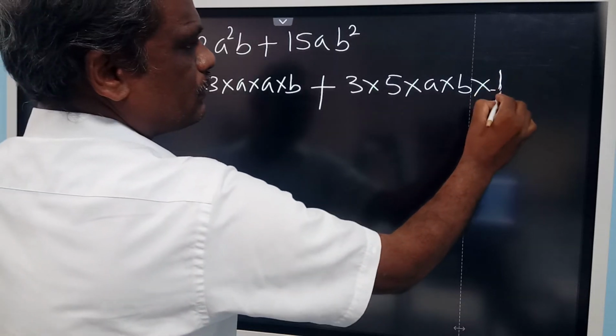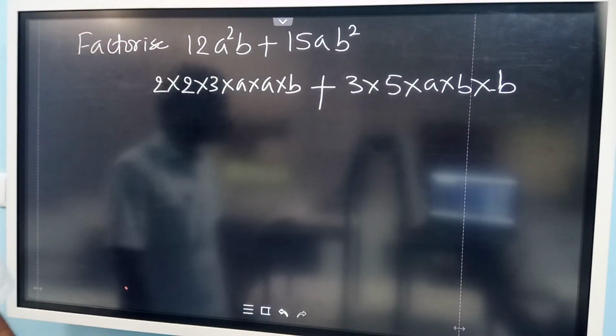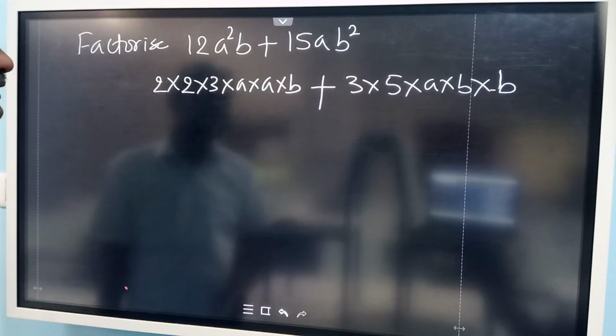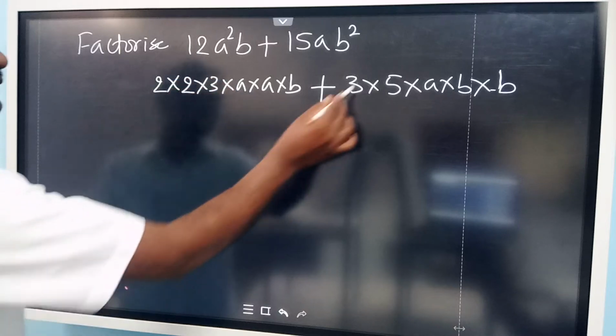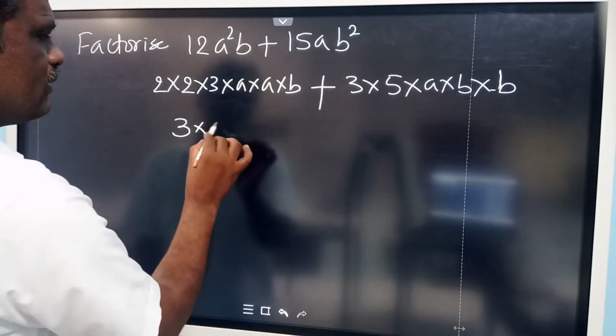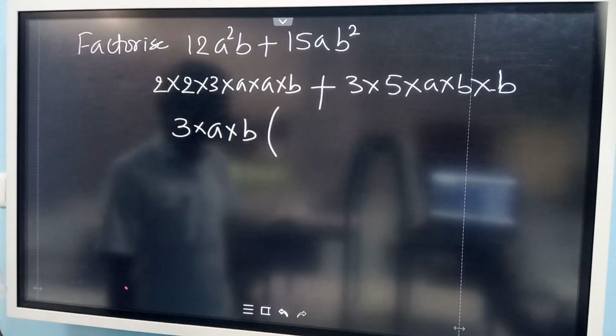Okay. Now this is one group, this is another group. Identify the common factors which are present in both. 3, a and b. 3ab is common. Directly I am writing.